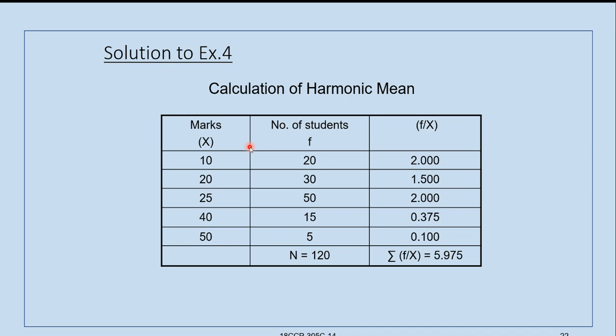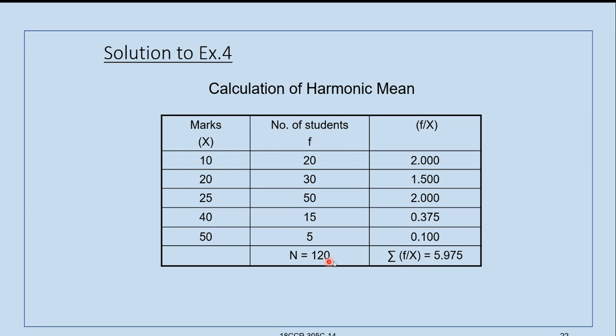Now the frequency is taken in the second column, and then we'll calculate. Here the sum of the products of frequency and reciprocals is 5.975.